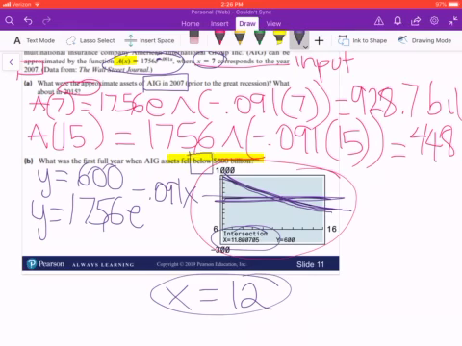So we can't say the year 11.8. I mean, of course, it could be like 2011 and some months, right? However, at that time, it was exactly 600 billion. So if we want to know when it was below 600 billion, it will be after this year. And so that's why we round up to the year x equals 12, which corresponds to the year 2012.